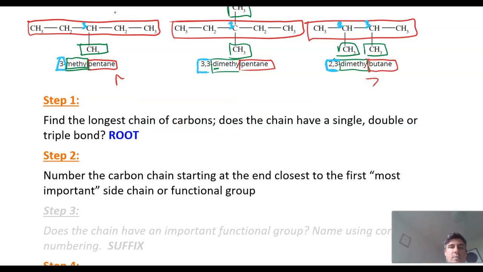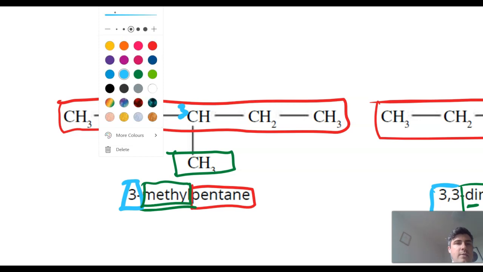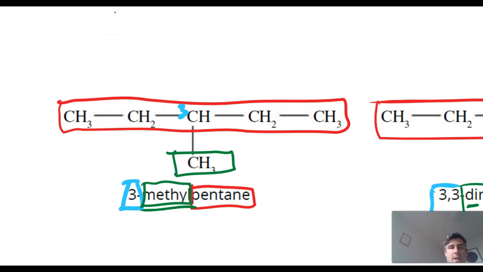Then we look at numbering the carbons. Every single one we're going to go through and number the carbons. And we start so that the substituent group, the one in green here, is on the lowest number we can. It doesn't really matter with this one. Let's start on the left and go to the right, but we don't necessarily have to go left to right.